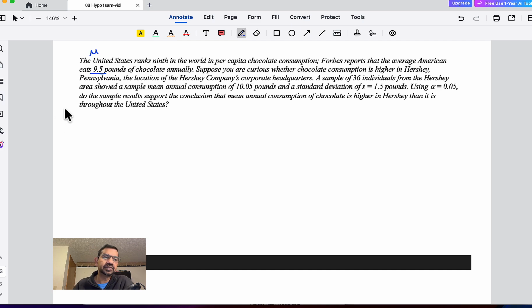We conduct a survey in Hershey, Pennsylvania to see what the average consumption is and whether the residents in Hershey, Pennsylvania consume more chocolate than the national average. So we conduct a survey of 36 individuals, and the sample mean, or X bar, is 10.05, and our sample standard deviation is 1.5. We want to construct the hypotheses appropriately first before we use the calculator in JMP.